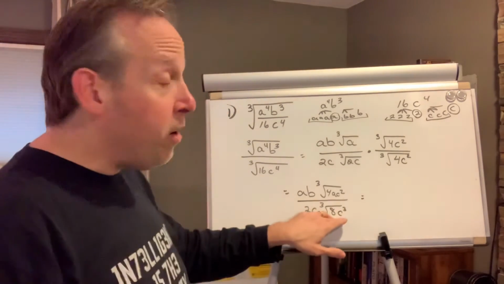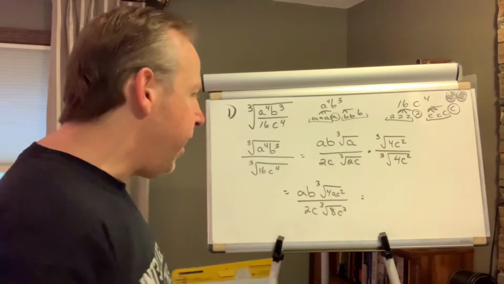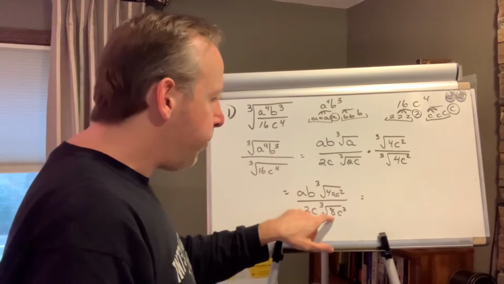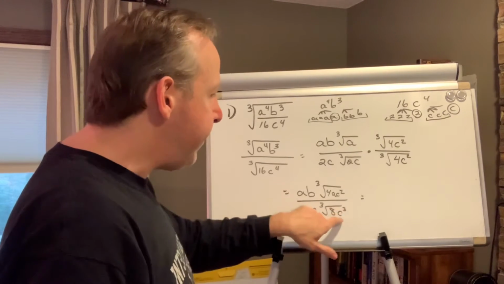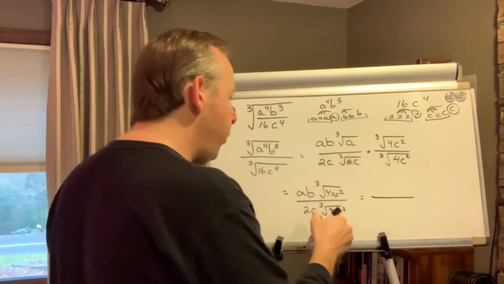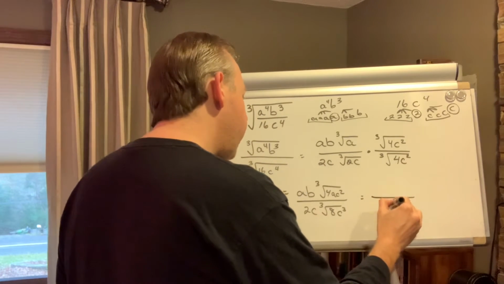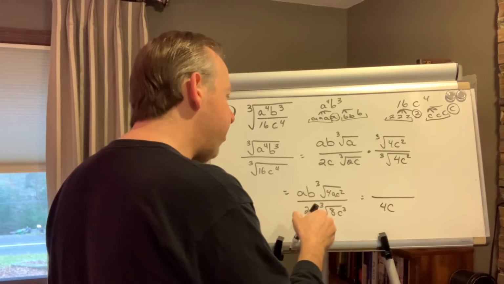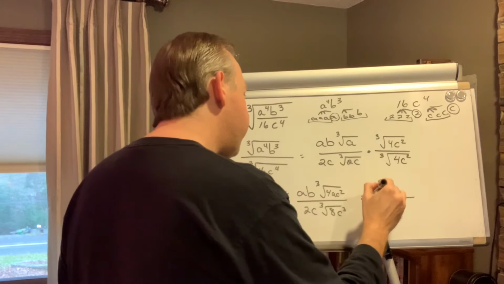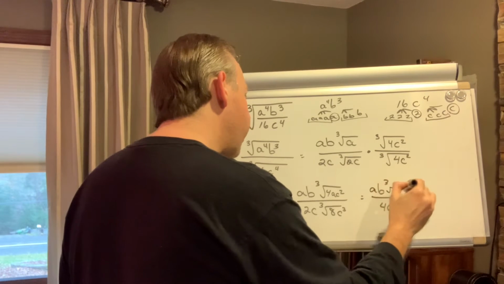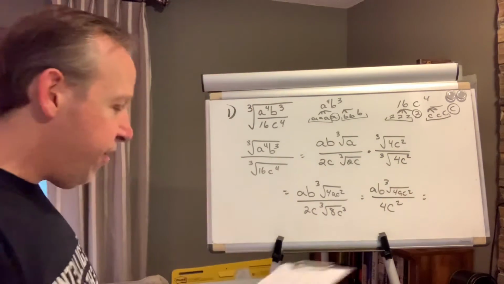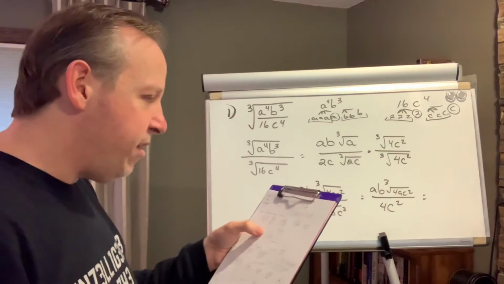We did this because it will actually remove it entirely, because 8c to the third is 2 times 2 times 2, so a 2 comes out, c times c times c, so a c comes out. So when the 2 comes out, it becomes a 4. When the c comes out here, it hits that c over there, it becomes c squared. In the numerator, it's still just ab to the third root of 4ac squared. That is the answer, and that answer is D.